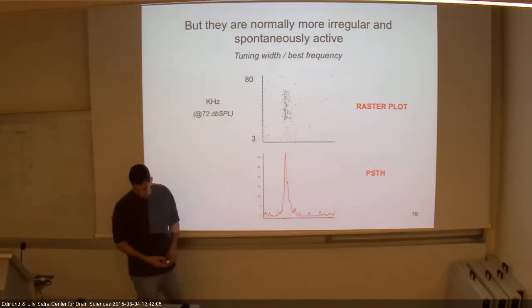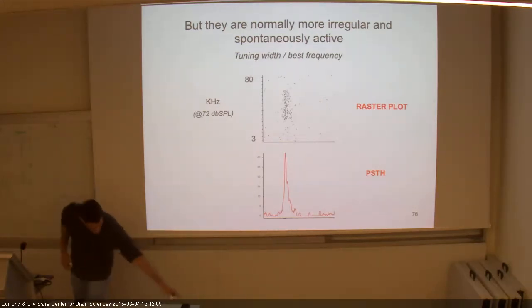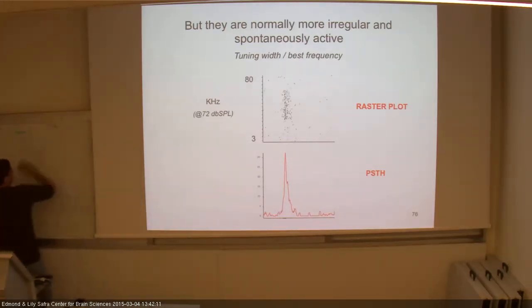This is the classical PSTH in the auditory cortex for a pyramidal neuron, I don't know, in layer 2 or whatever. If you look at an inhibitory neuron, you will have a much higher spontaneous firing rate.